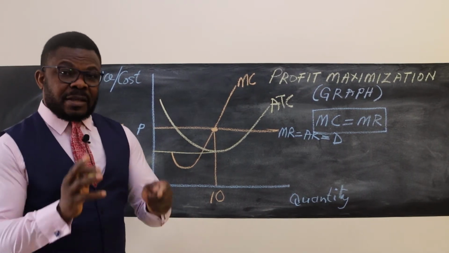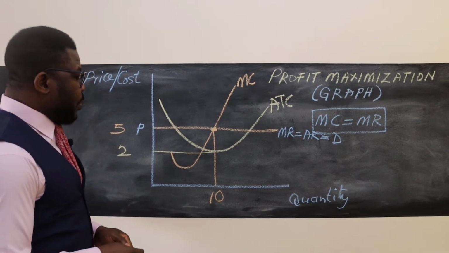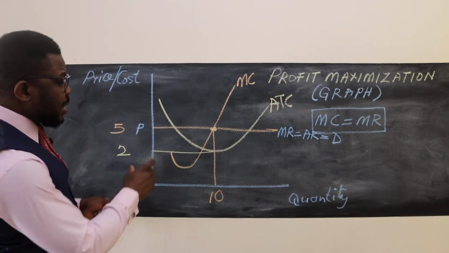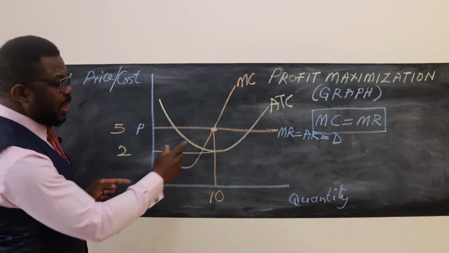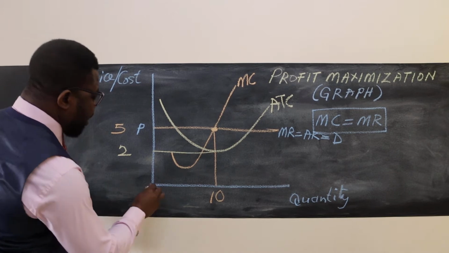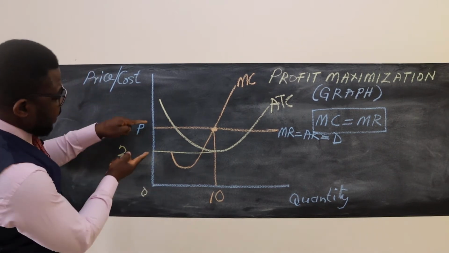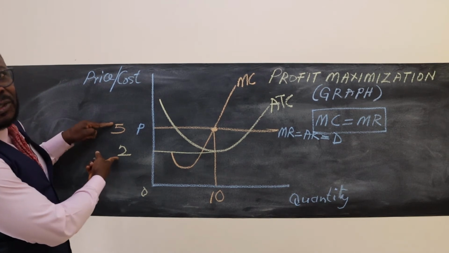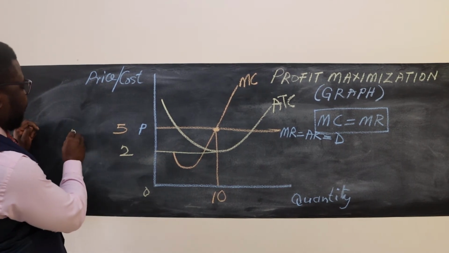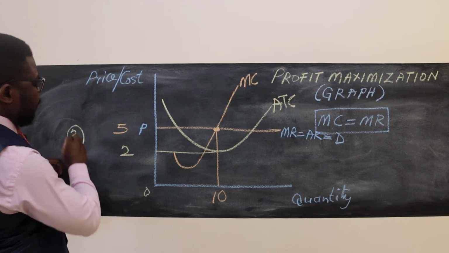Can we work out the profit? Yes, quite easily. You can just look at the graph, look at the triangle here and work it out mathematically. How do you do that? Well, look at the distance from 2 to 5. What is the difference between 5 and 2? It is 3. Write that down.